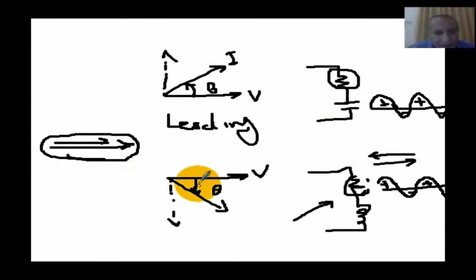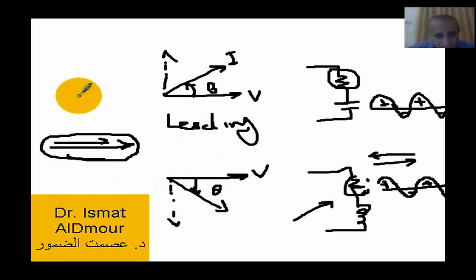The power factor is the cosine of this angle, theta. So power factor correction is to make this theta 0 or as close to 0 as possible. In this case, the power factor will be as close to 1, because cosine 0 is 1. So that's for now. Thank you.